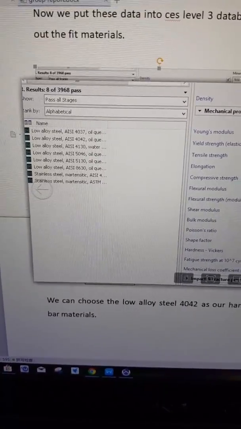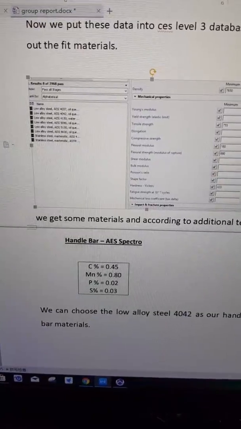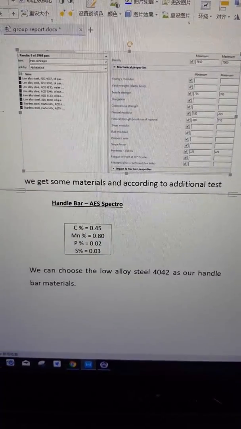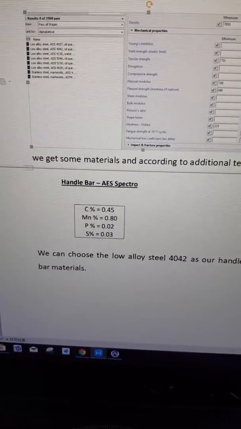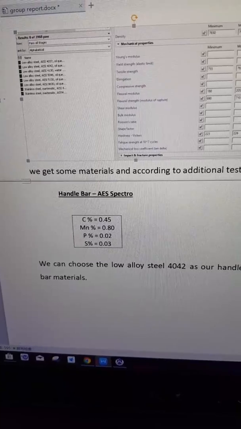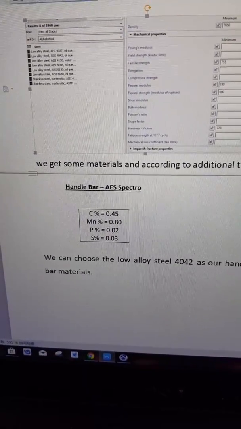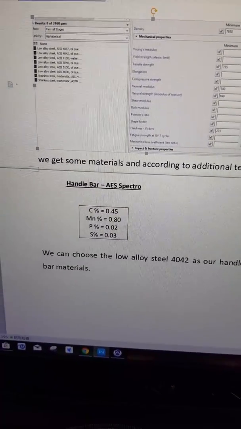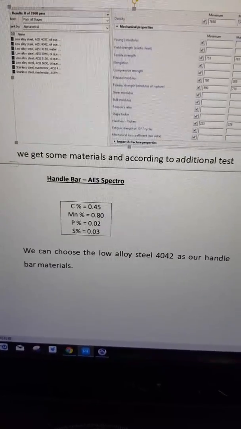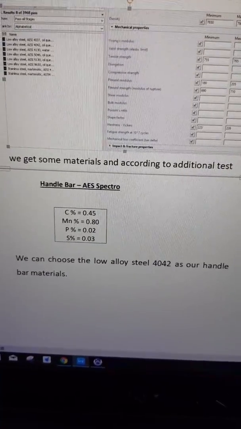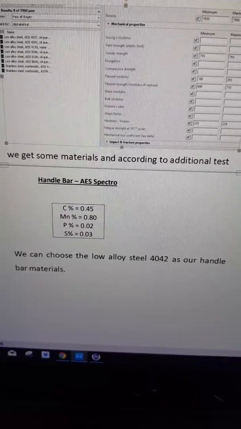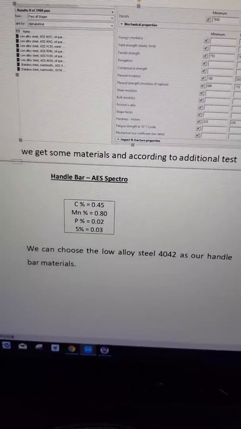So here is one additional test, the AES spectrum, which tells us the different elements in this material. Following this, we can see the carbon, the sulfur, and others.